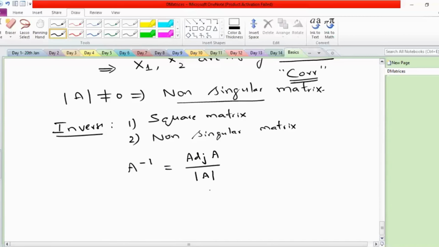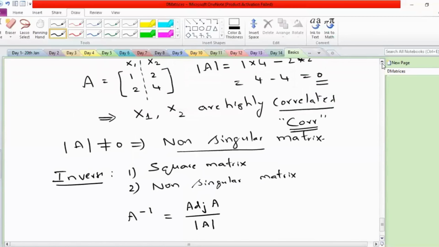If the two columns x1 and x2 are highly correlated, then the determinant becomes 0. Because it becomes 0, my A inverse becomes infinity. Hence, in machine learning, this is going to be the biggest problem.